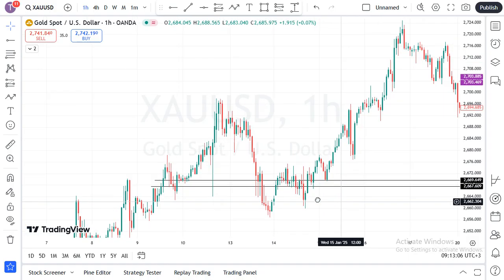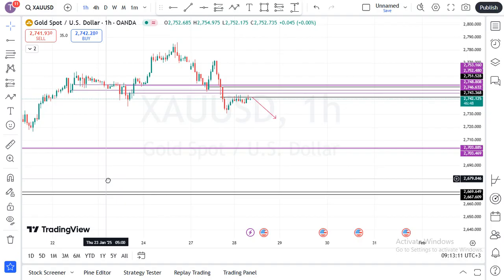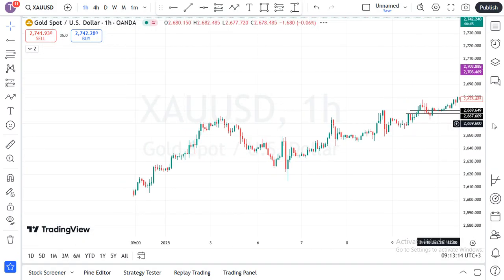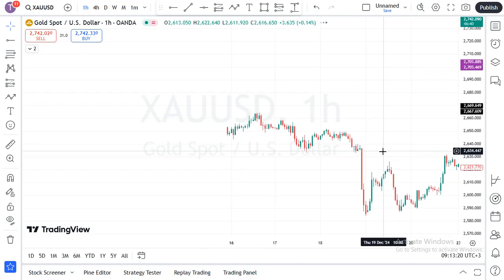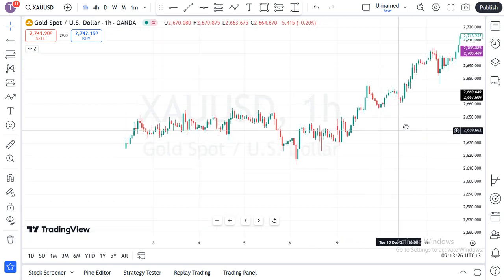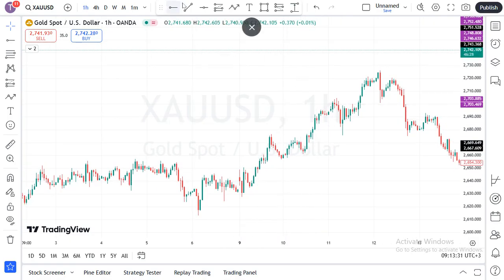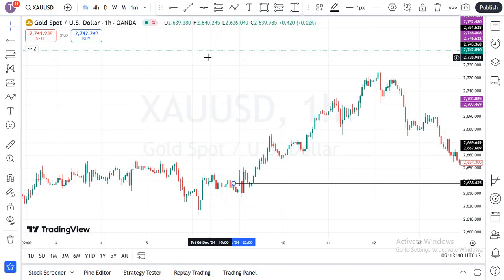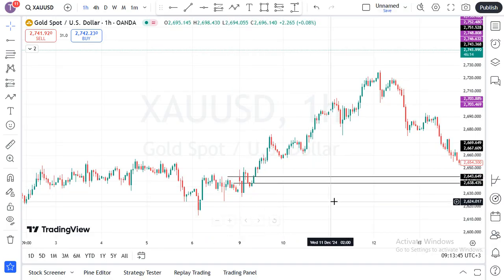As you can see, this zone was highly respected. Even if you come this side, these are some of the strong zones. We have it here, and also here.